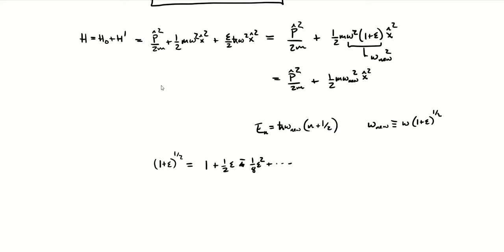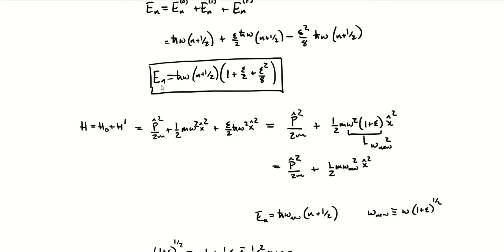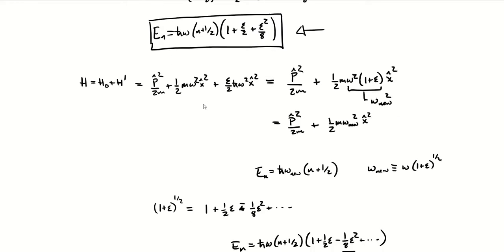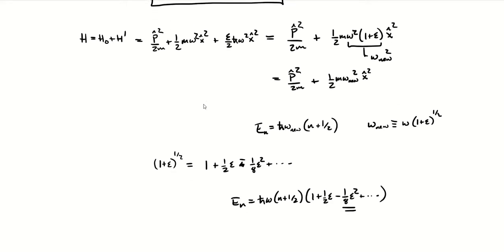You can do that expansion, and you see here that the exactly solved energy is h bar omega n plus 1/2, 1 plus 1/2 epsilon minus 1/8 epsilon squared, dot dot dot. So up to second order in epsilon, it is the exact same solution that we got using our perturbation theory. So you can see up to second order perturbation theory works really well.